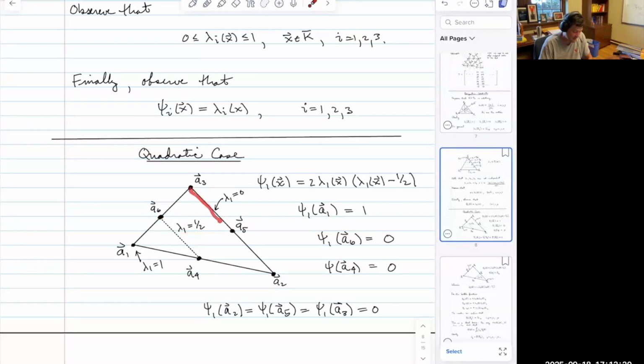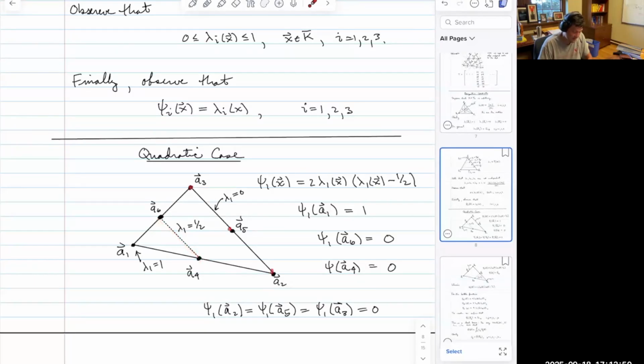So remember, it goes lambda 1 equals 0, lambda 1 equals 1/4, lambda 1 equals 1/2, 3/4, and then finally 1. So lambda 1 is equal to 1/2 as it is here at a6. That's going to kill that part because I'll get 1/2 minus 1/2. So psi 1 at a6 is equal to 0. Likewise, at a4, it's going to be equal to 0 because that's also on this line lambda 1 equals 1/2.